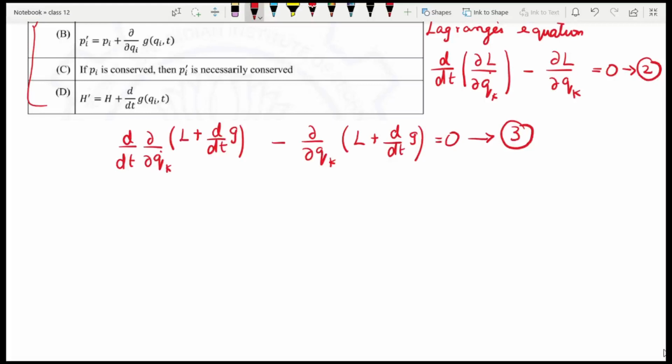In classical mechanics, we have already studied the gauge invariance of the Lagrangian.